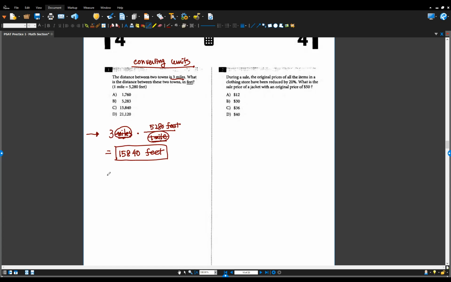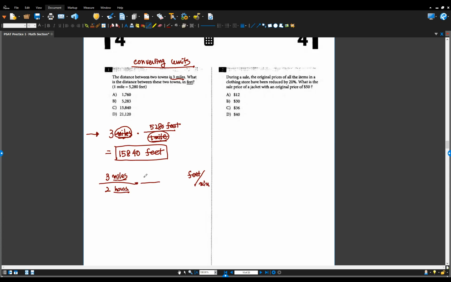Sometimes we have 2 units changed. 3 miles, maybe I'm going to use the speed, 2 hours. But we're going to change this to feet per minute, not miles per hour. You're going to change the hour first.